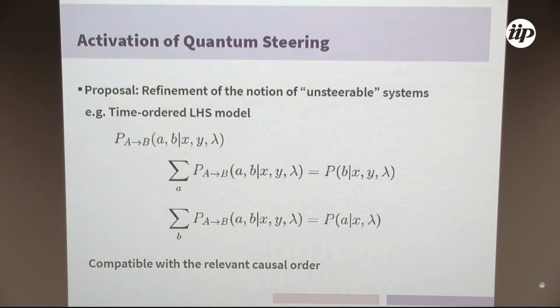Here, for instance, I show this time-ordered LHS model, where I assume that the probability distribution is signaling from A to B, which is the same way the cooperation was being performed. I have to perform my operations compatible with the implicit causal order in my decomposition.